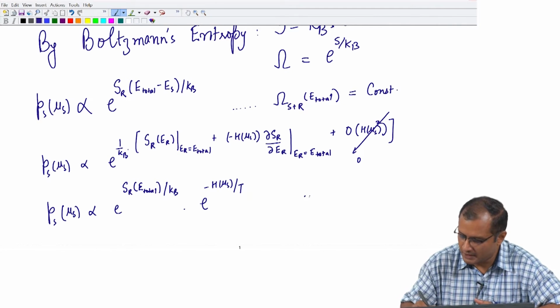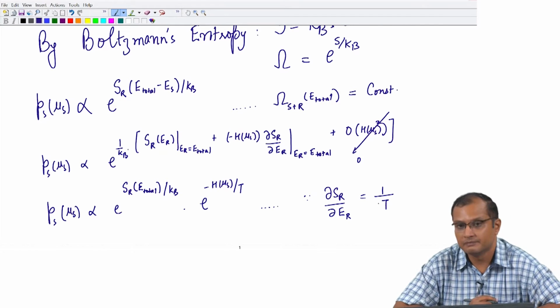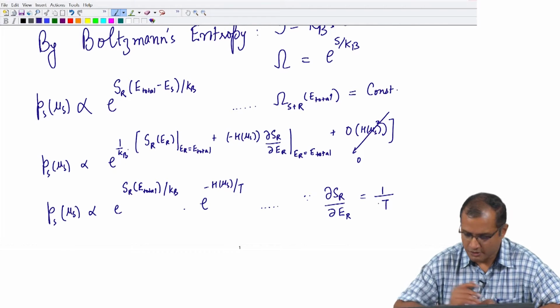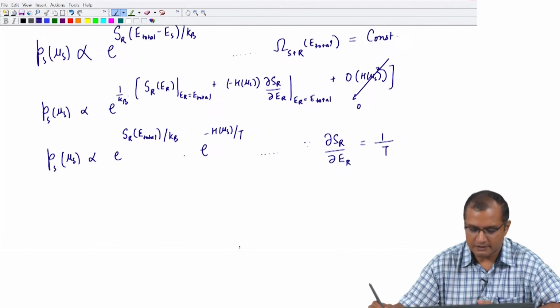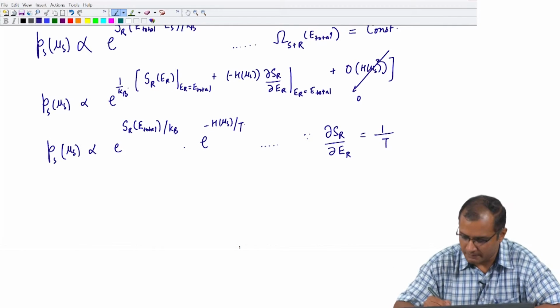So, I am going to write down from the thermodynamic definition of temperature that this quantity is nothing but 1 upon temperature of the reservoir. Okay. So, now you can simply, upon kBT of course.